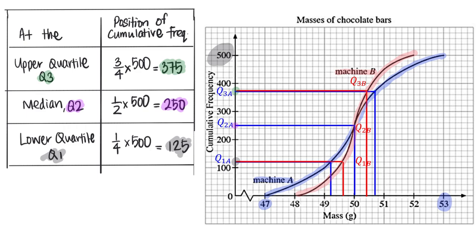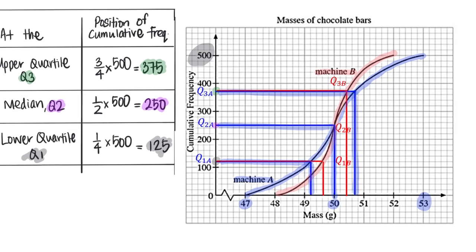For example, the median will be 50. The upper and lower quartile, for example, the upper quartile goes straight and come down. You will get this value of 50.7, as well as the lower quartile here, 49.2.